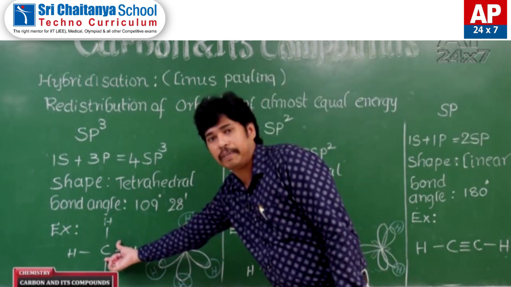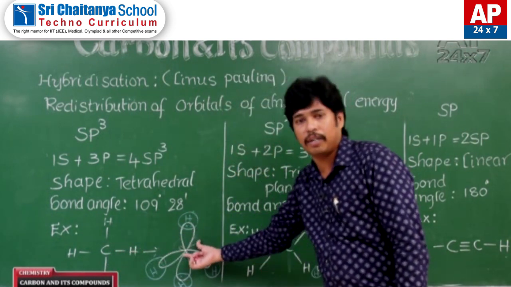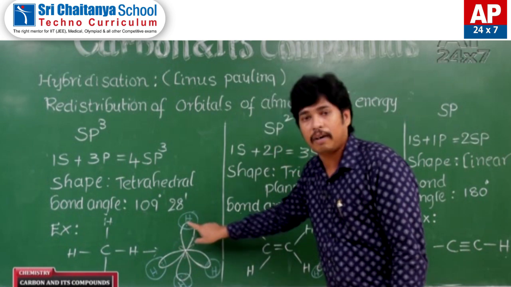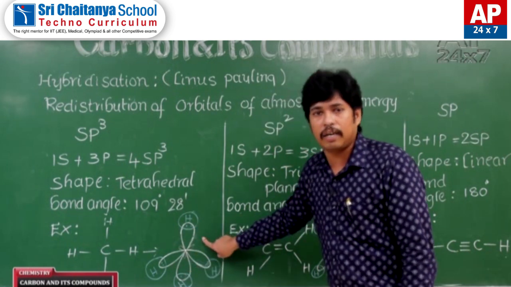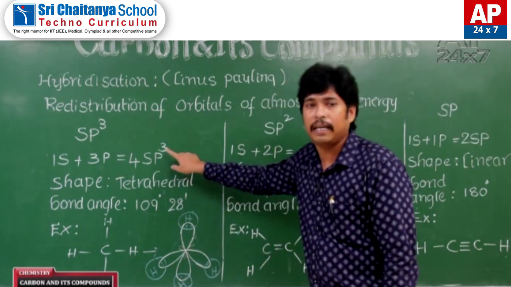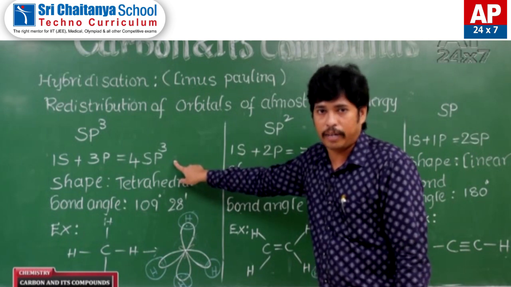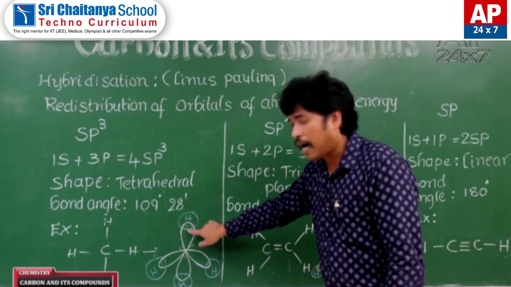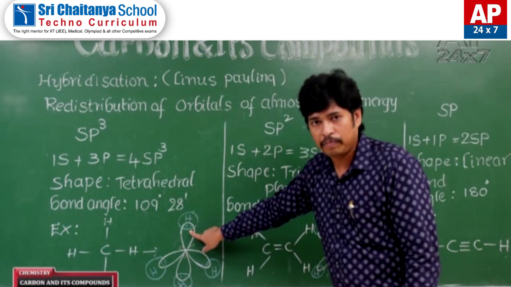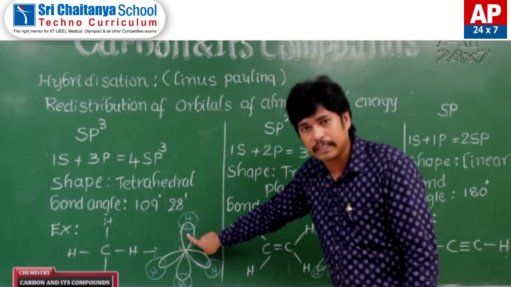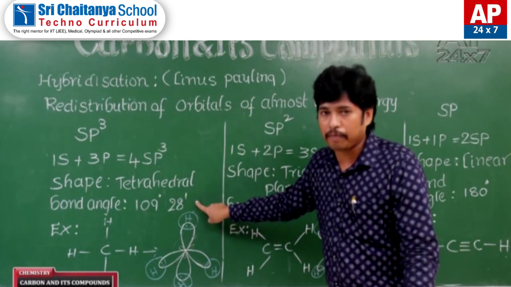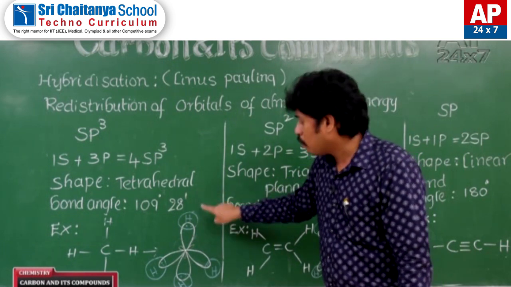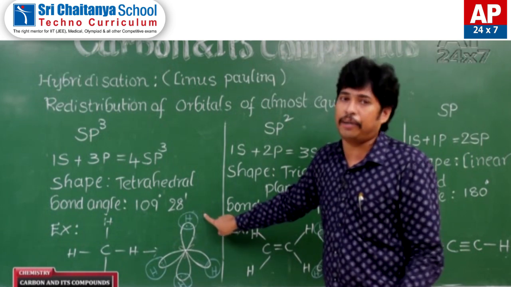Carbon undergoes sp3 hybridization in methane, that results in a tetrahedral arrangement of all the 4 sp3 hybrid orbitals. After hybridization, the resultant hybrid orbitals will be involved in overlapping with 1s orbitals of the hydrogen atoms.